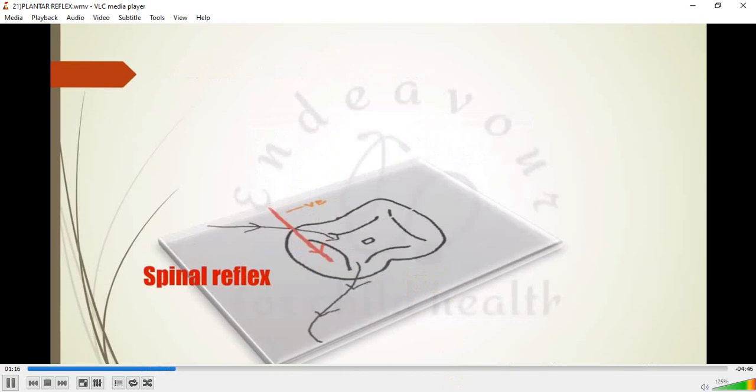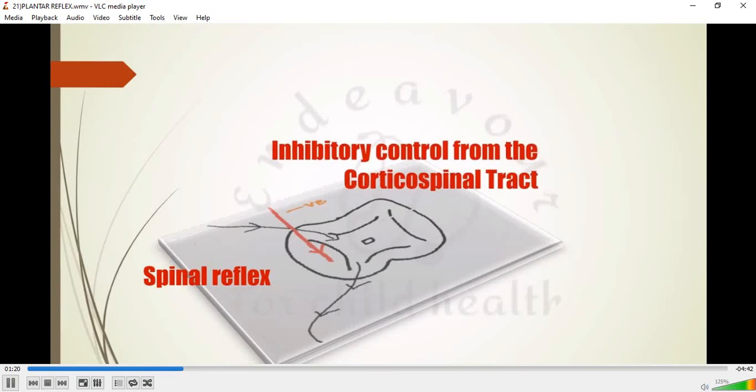Once the corticospinal tract is affected, the inhibitory control is lost and firing spreads onto L4, L5 anterior horn cells, leading to the contraction of toe extensors, that is, extensor digitorum longus and extensor hallucis longus via the deep peroneal nerve.